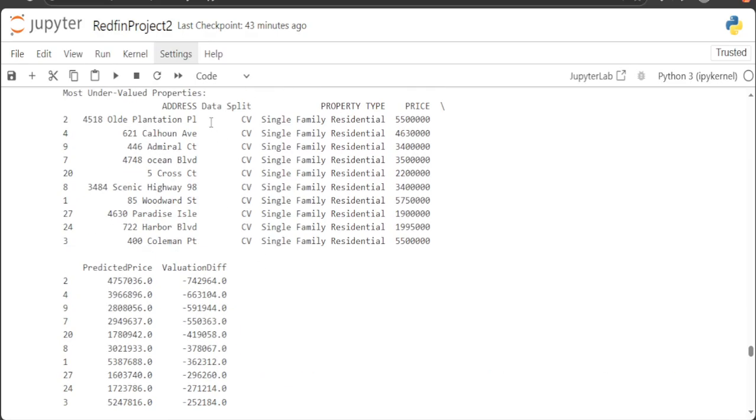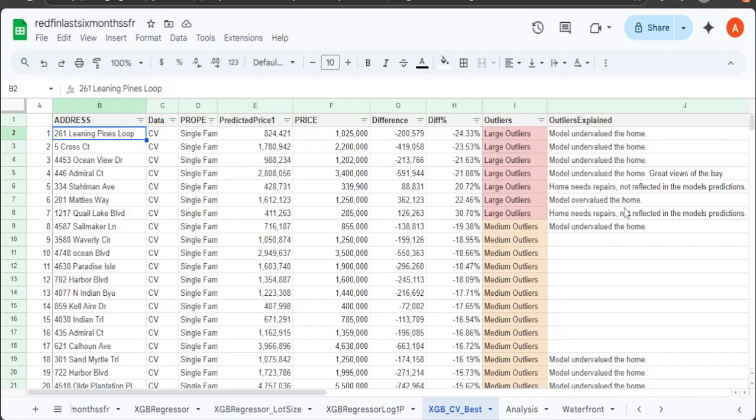So we'll look at our spreadsheet here with our calculations. You can see the large outliers when we did the best boosting rounds, cross-validation, and training on 100% of the data after the cross-validation best boosting. So we get a smaller amount of large outliers compared to the previous model runs.